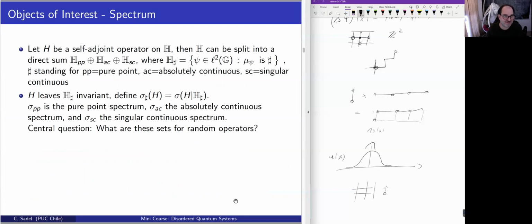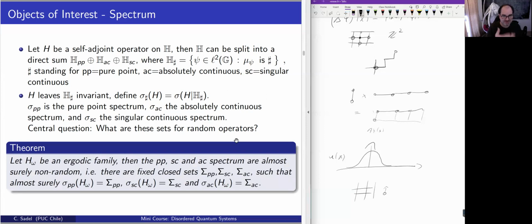As you probably all know, if you have a self-adjoint operator, the Hilbert space splits into a pure point, an absolutely continuous, and a singular continuous part. You can restrict your operator H to these subspaces and look at the spectrum of the restricted operators. This way you define the pure point spectrum, the absolutely continuous spectrum, and the singular continuous spectrum, as closed sets, for the operator H. The central question is, what are these sets for these random operators?